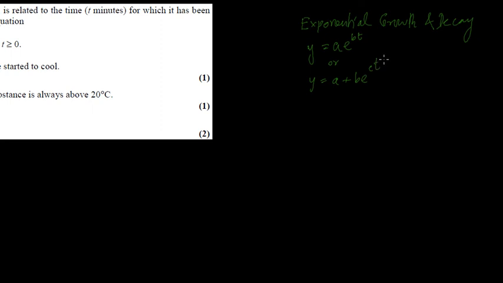When we have an exponential function sum, exponential growth and decay, when we have something like y equals some constant times e to the power of some other constant times t, or y equals some constant plus another constant times e to the power of another constant times t, this is an exponential growth. So this is a growth.